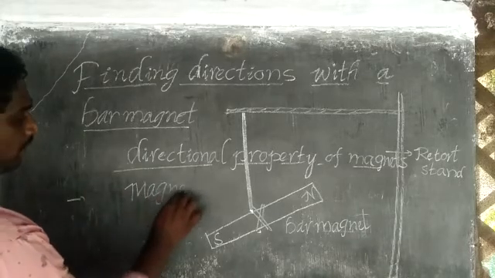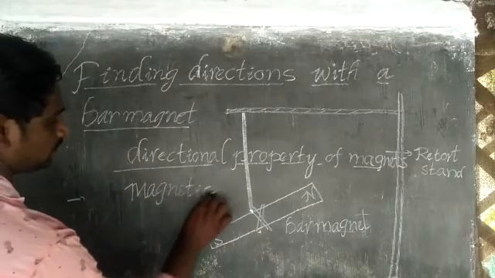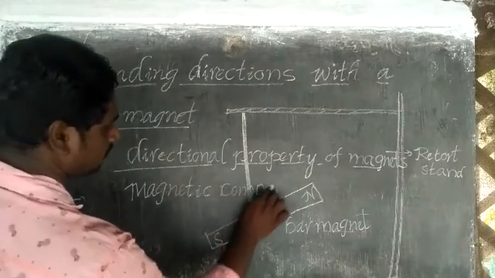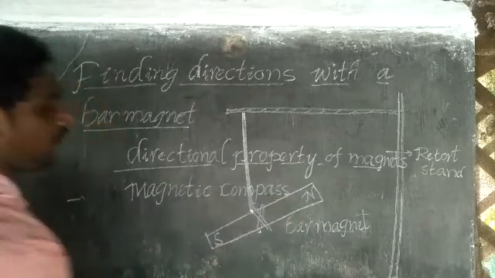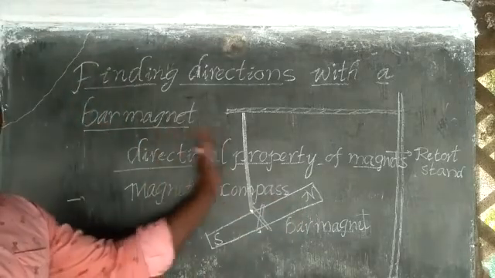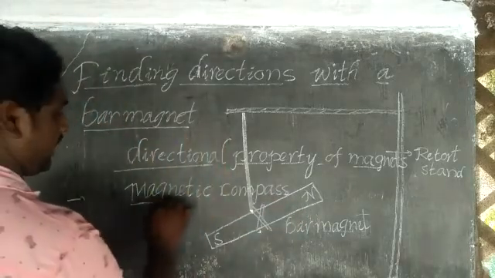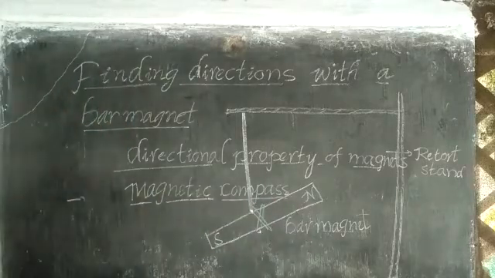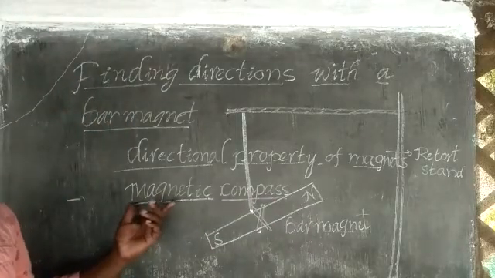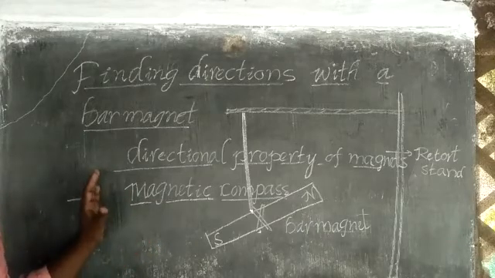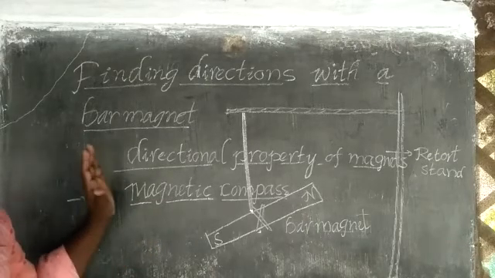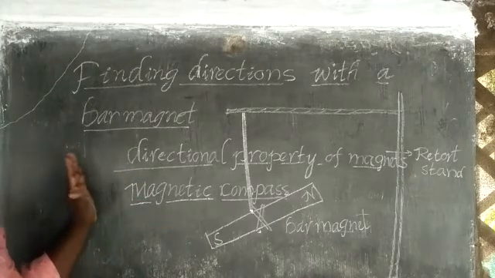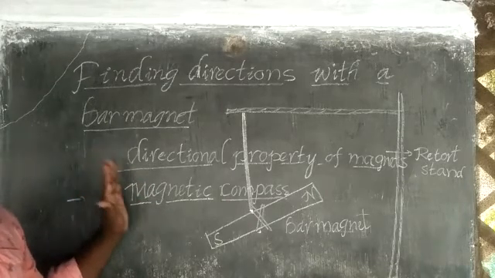Magnetic compass. Students, based on the directional property of magnets, we construct a magnetic compass. The magnetic compass has a small glass-topped box. In this small box is a magnetized needle.